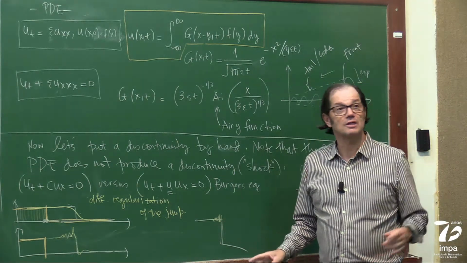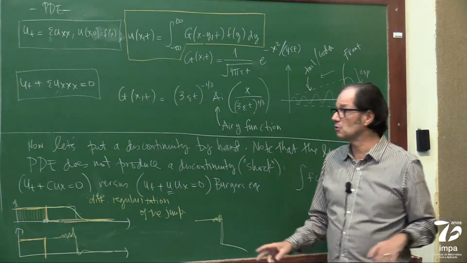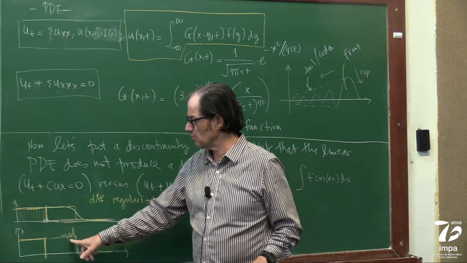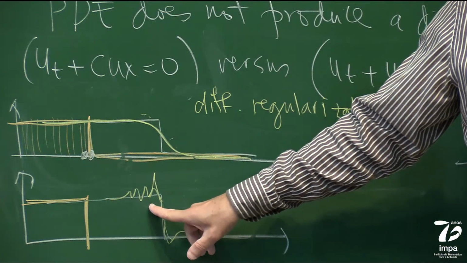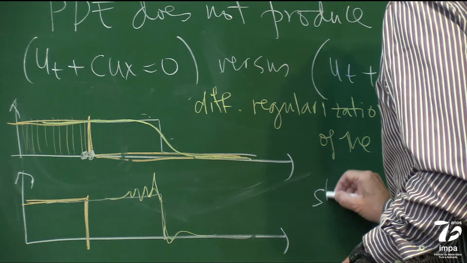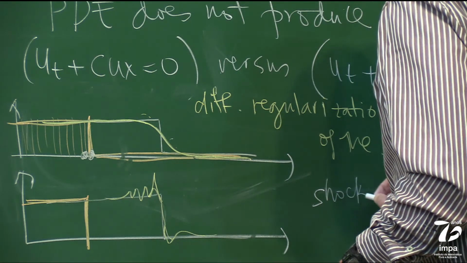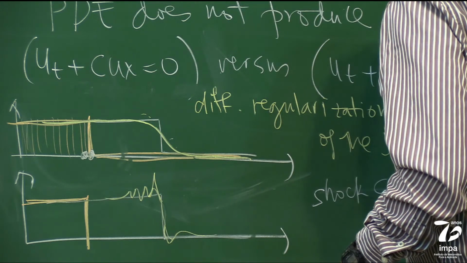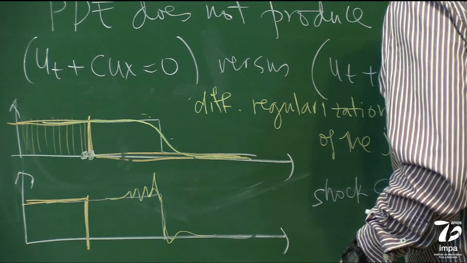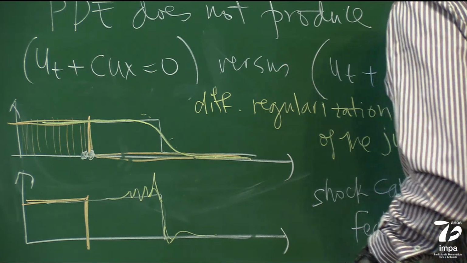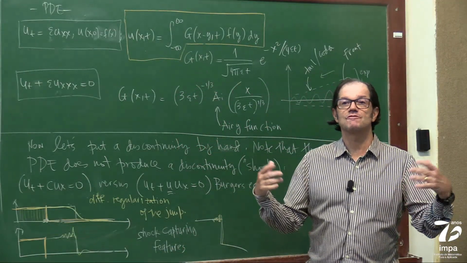So you will numerically see the same thing. If you use one numerical method, you will see this. If you use the other numerical method, you'll see that in the shock capturing. In the jargon of numerical PDEs, I could call these shock capturing features.